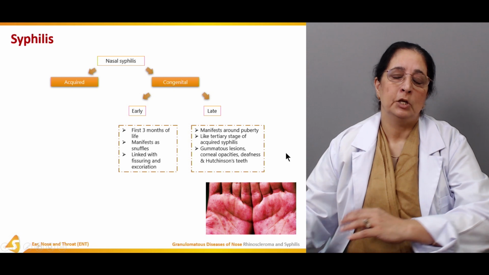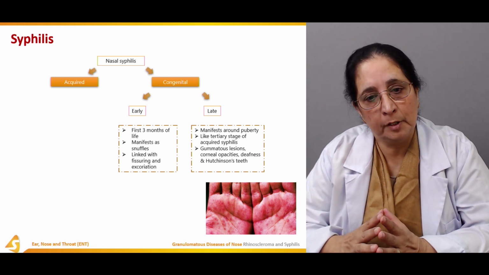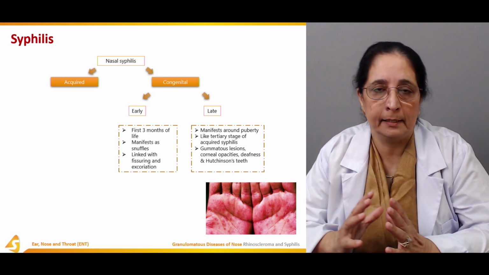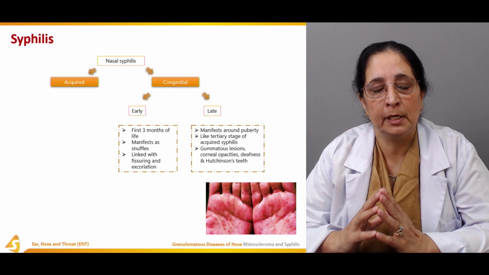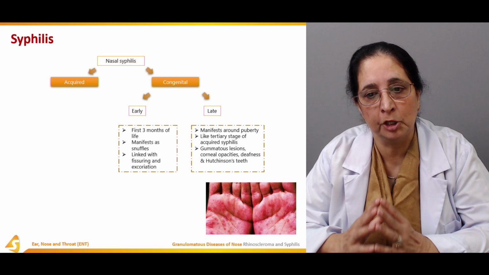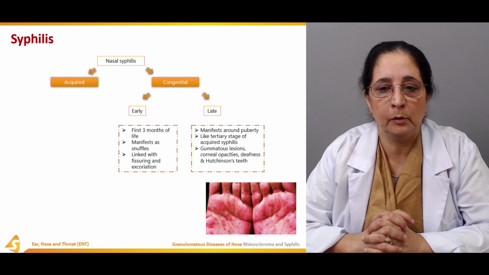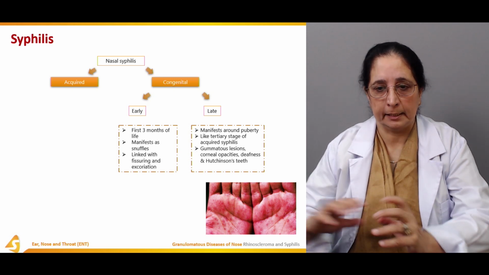So congenital syphilis can be early, in the first 3 months, or late, at the time of puberty. Late syphilis is usually characterized by gummatous lesions and also by corneal opacities, deafness, and Hutchinson's teeth.